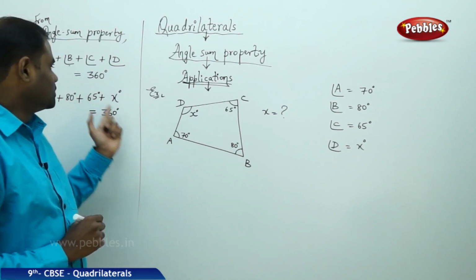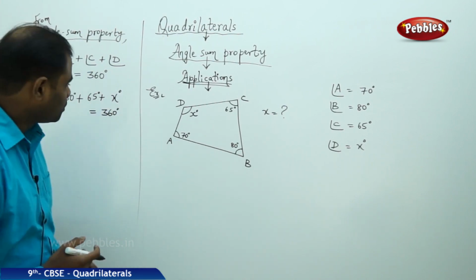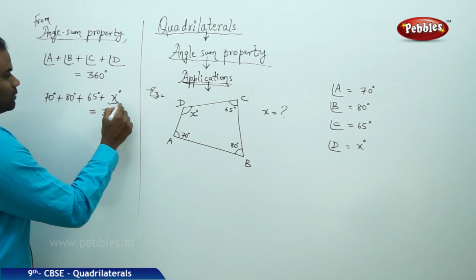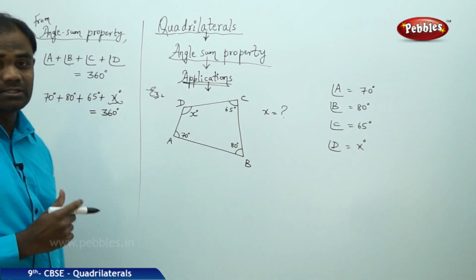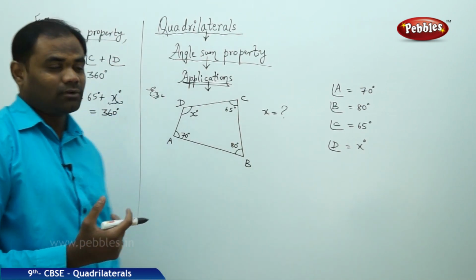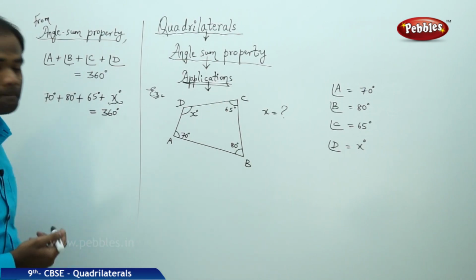Therefore, the sum of all this equals 360. Now my target is to find the value of X. So let's see how we can find X from this equation.